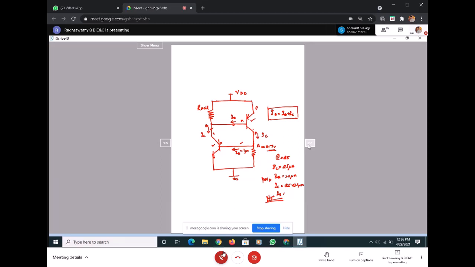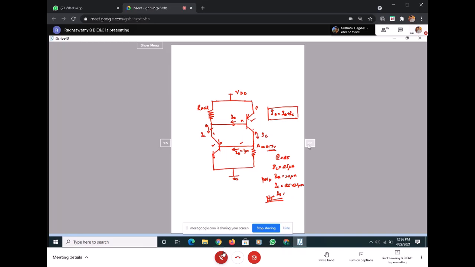Now tell me how to overcome this latch-up problem, how to minimize this multiplication aspect. Simple thing. How to minimize? The issue is there in the circuit itself.